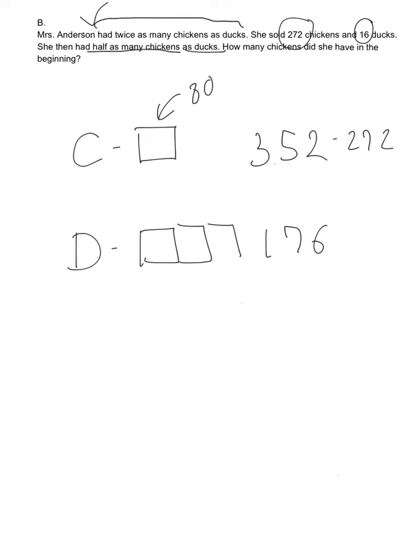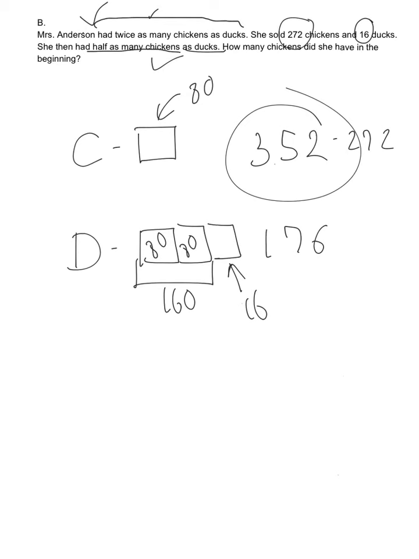If I take away that 16 that were sold, I end up with 2 units that were worth 80 each for a total of 160. So I ended up with half as many chickens as ducks. I started off with twice as many chickens as ducks. All my clues add up. I think it's safe to say that we came out with the correct answer, 352, for our beginning number of chickens.